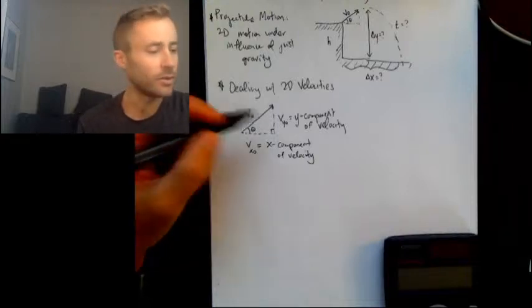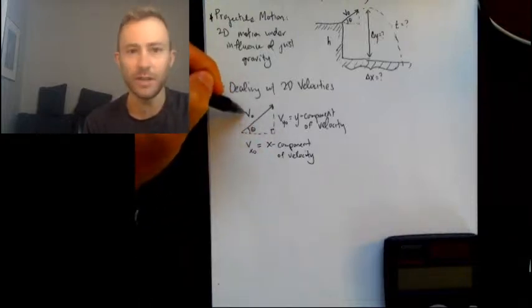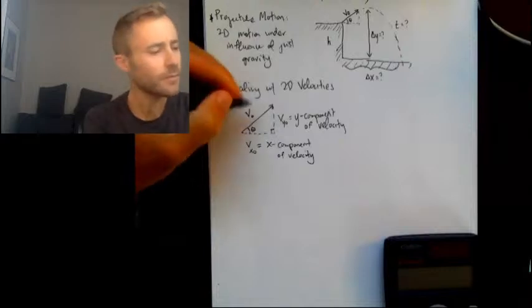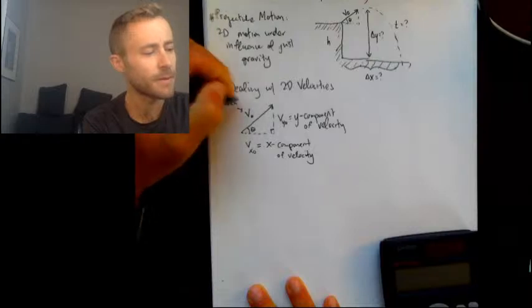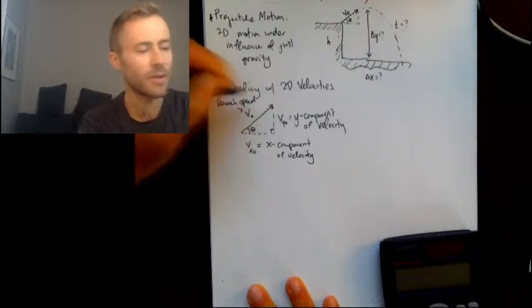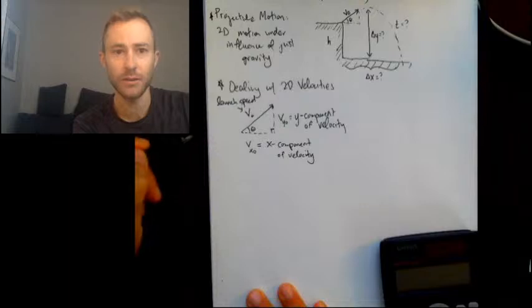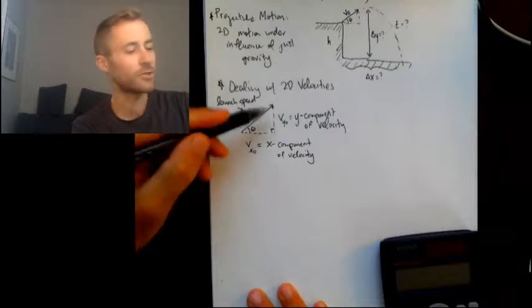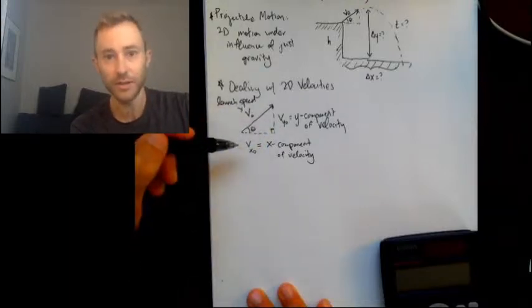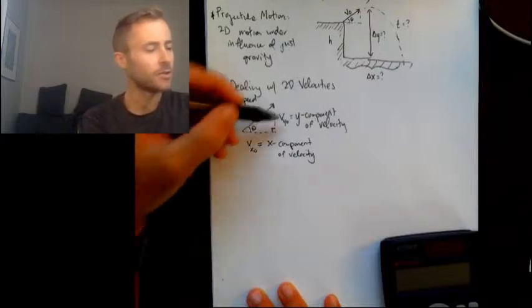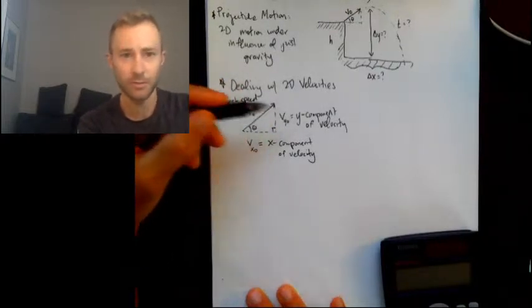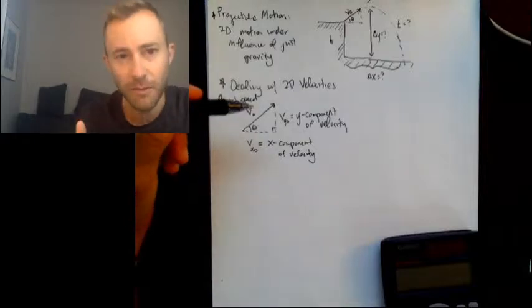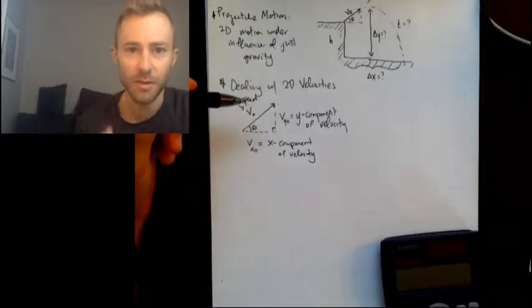Okay, so if I can think of v naught, the launch speed, as the hypotenuse of the triangle, and so you use trigonometry to get the other legs of the triangle. Okay, so if I look at the vertical leg of this triangle, well, it is opposite the angle, and the sine function is opposite over hypotenuse.